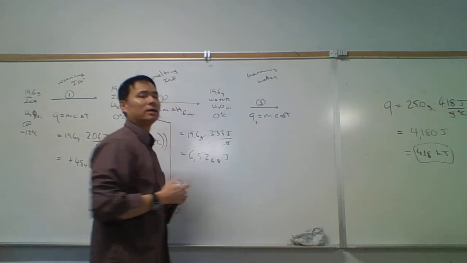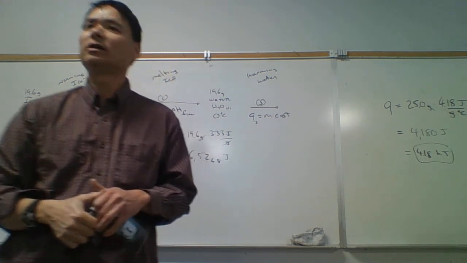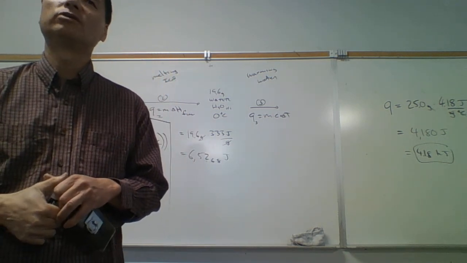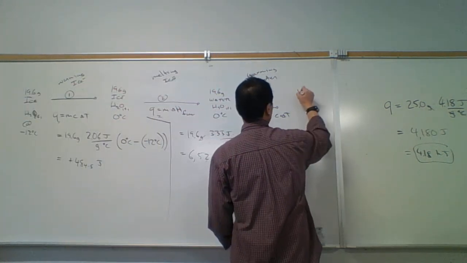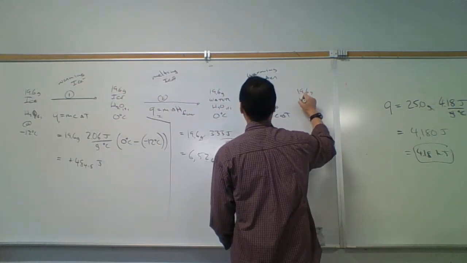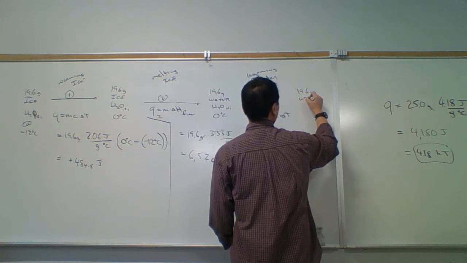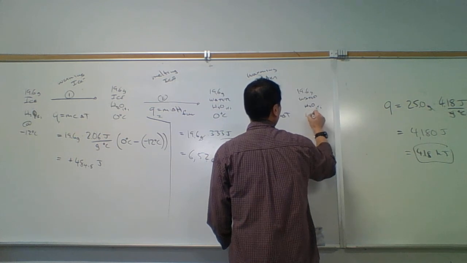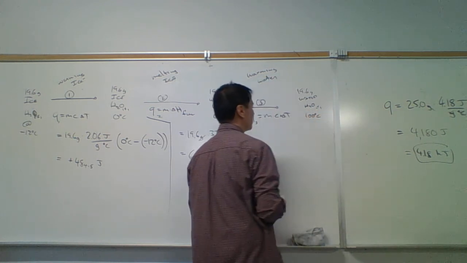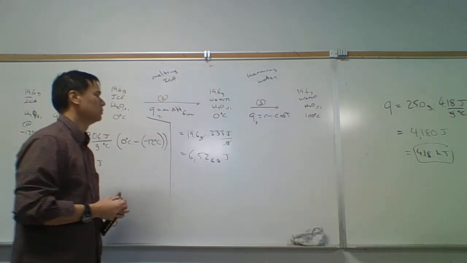Okay, we're going to keep warming it. And how hot can you get the water? To 100. That's the max. And so we're going to end up with 19.6 grams of water at 100 degrees C. We can't go beyond that because what's going to happen? It's going to start to boil.